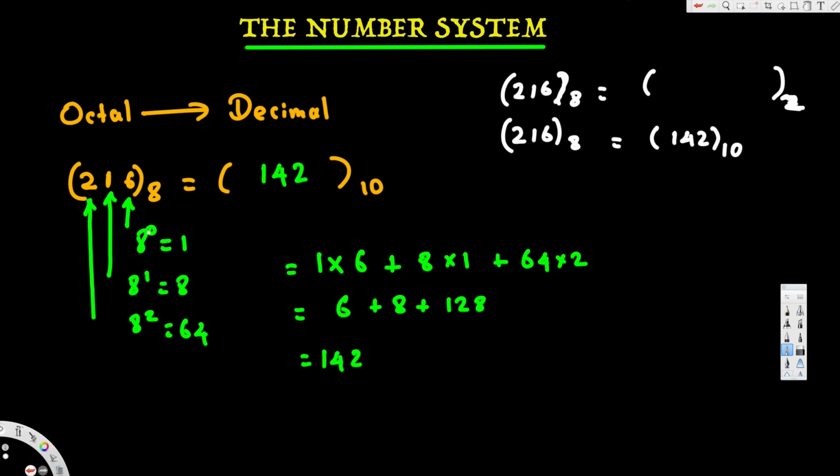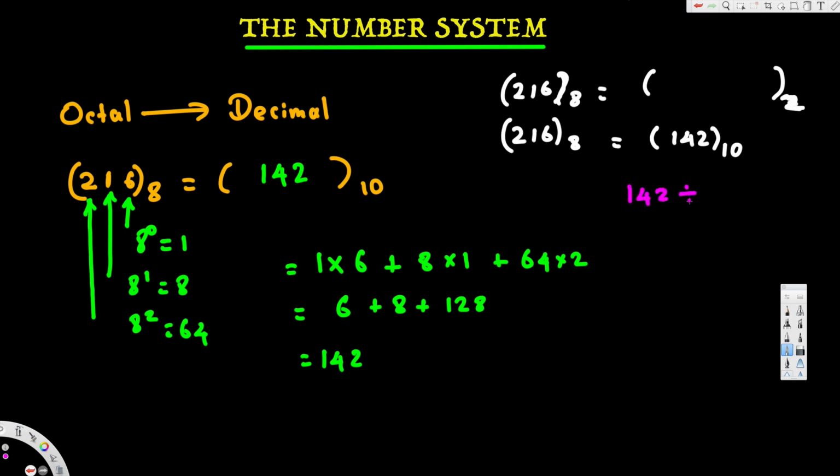We take the positions 8 power 0, 8 power 1, 8 power 2 and multiply the numbers in those positions, and that's how we got base 10. Now after we get base 10, we have to divide it by 2 until we get 0. Let's go ahead and do that. Here we have 142.